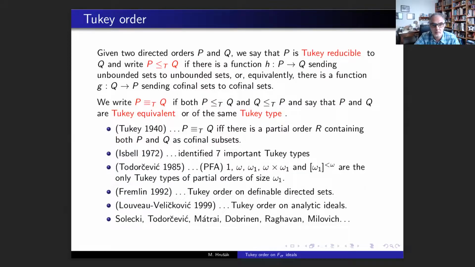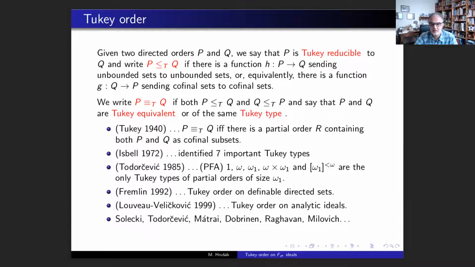So what is the Tukey order? If we take two directed partial orders P and Q, we say that P is Tukey reducible to Q, or P is Tukey below Q, if there is a function from the smaller one to the bigger one which sends unbounded sets to unbounded sets.